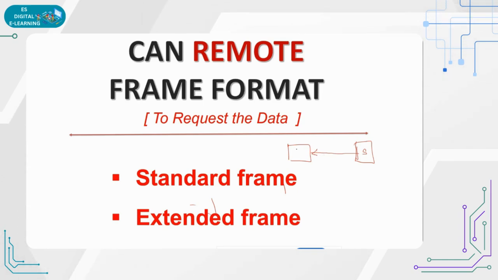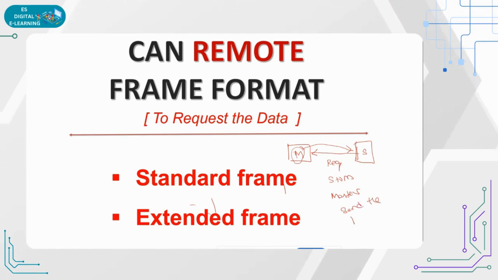Then whatever data the master has will be transferred to the slave. So first you need to get the request from the slave to the master, then the master sends the data.